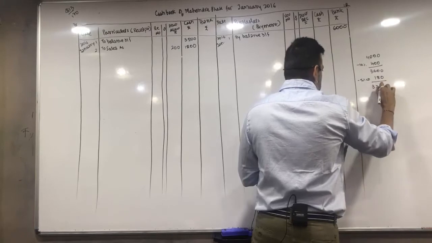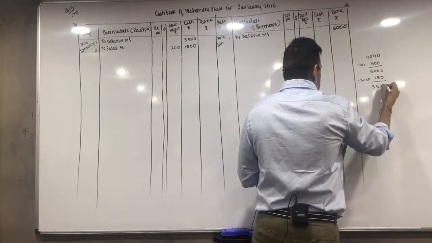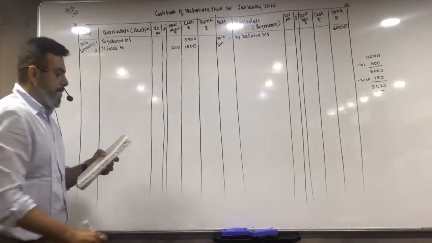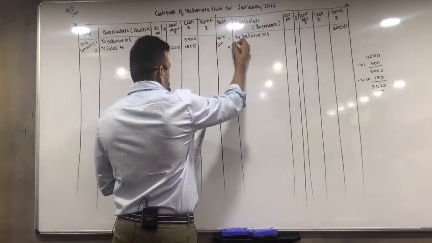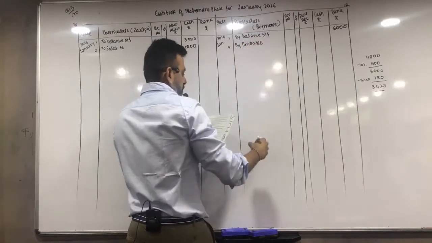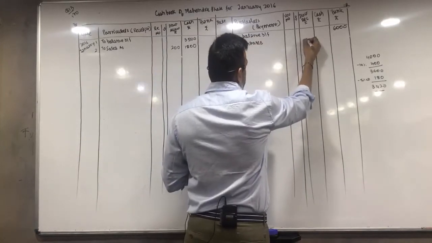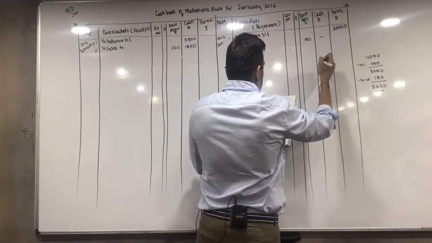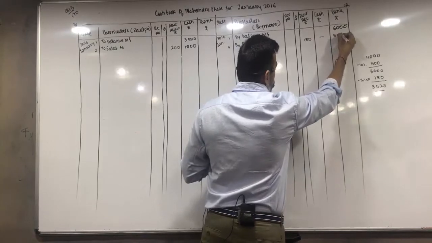So 3,420. By purchases, discount is 180. Paid by check. So check amount is 3,420.